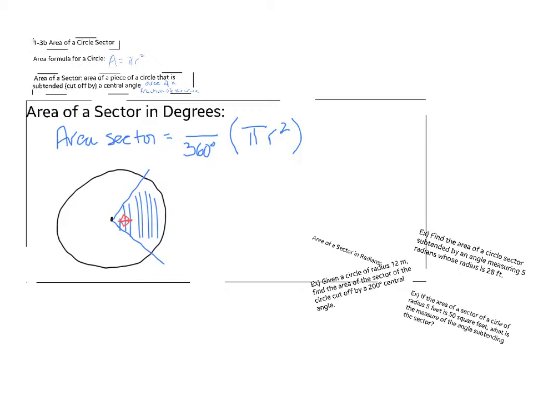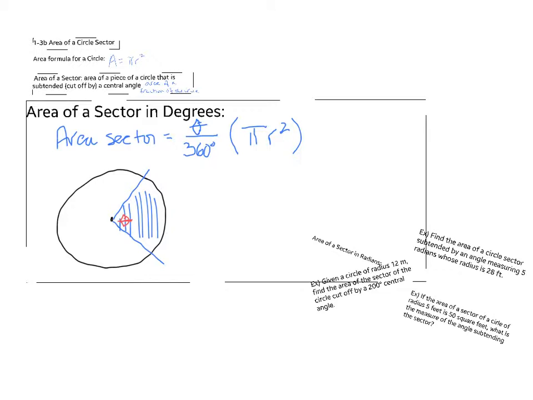So in our formula, it's whatever theta is, 10 degrees, 50 degrees, 130 degrees, out of 360 times pi r squared. If you can find the total area and you know the measure of that central angle, then you can go from there. Not too bad, at least I don't think so.